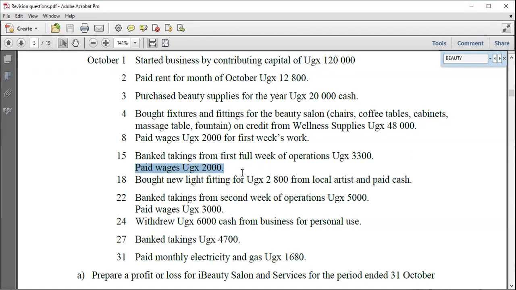So on 15th, we paid wages worth 2,000. And remember the double entry for paying wages: we said we would debit our wages and credit our cash, which is the mode of payment.